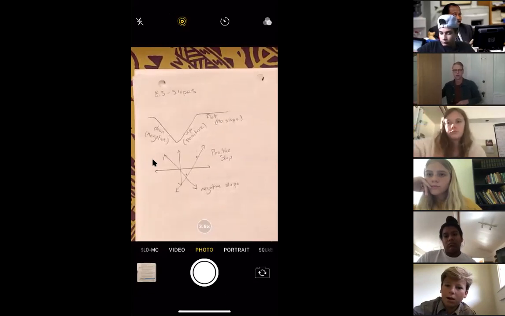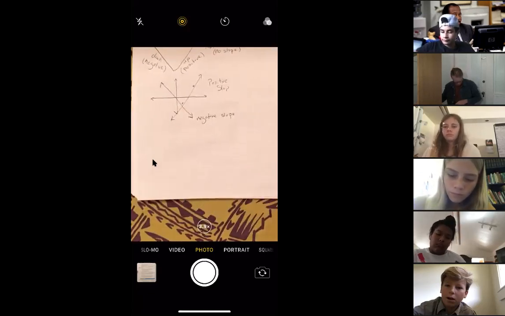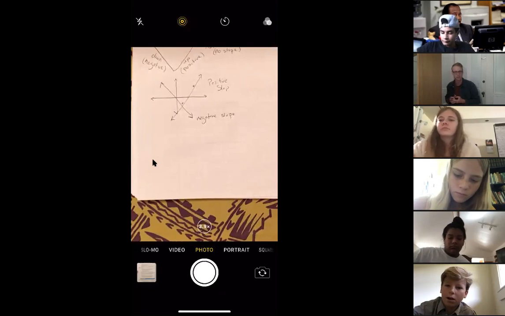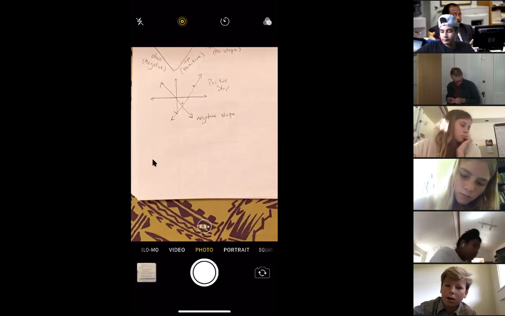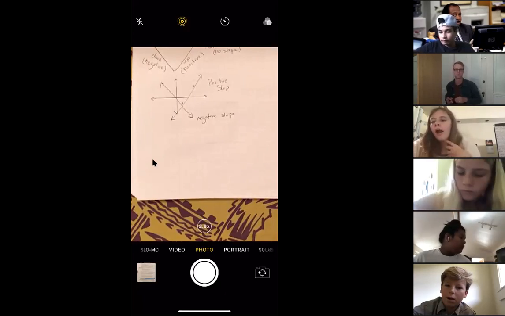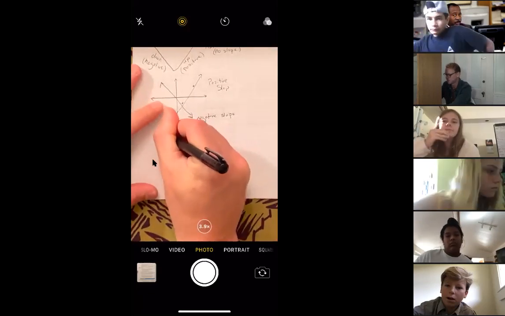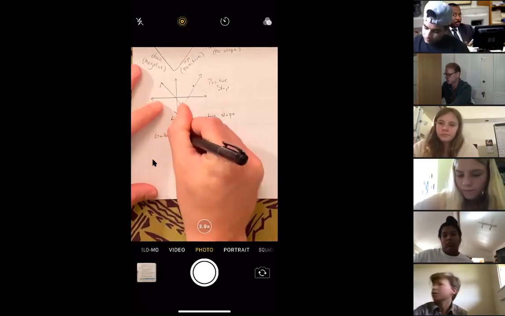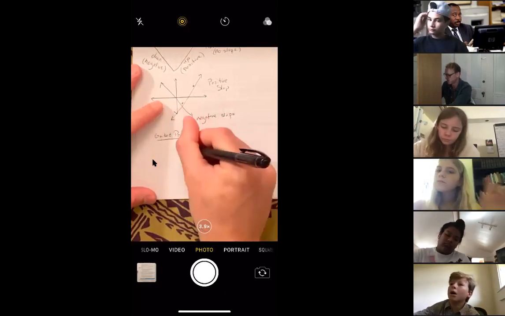So the first guided practice problem asks to plot the points 3, 4 and 6, 3, and then find the slope of the line that passes through the points. So first thing first, guided practice number 1, I want you guys to plot those points to start.